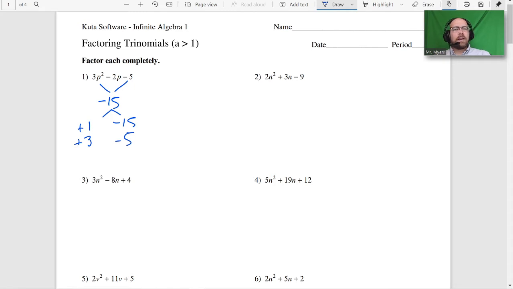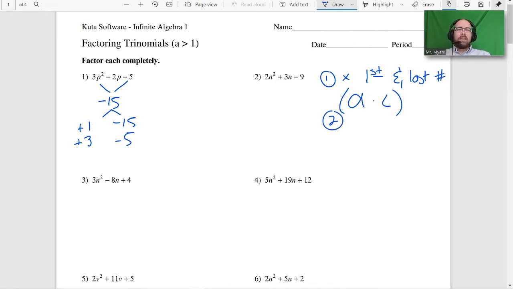All right, let's write all of that out in steps. Step 1 is to multiply the first and last number, aka a times c, which I'm just going to call ac in the future.